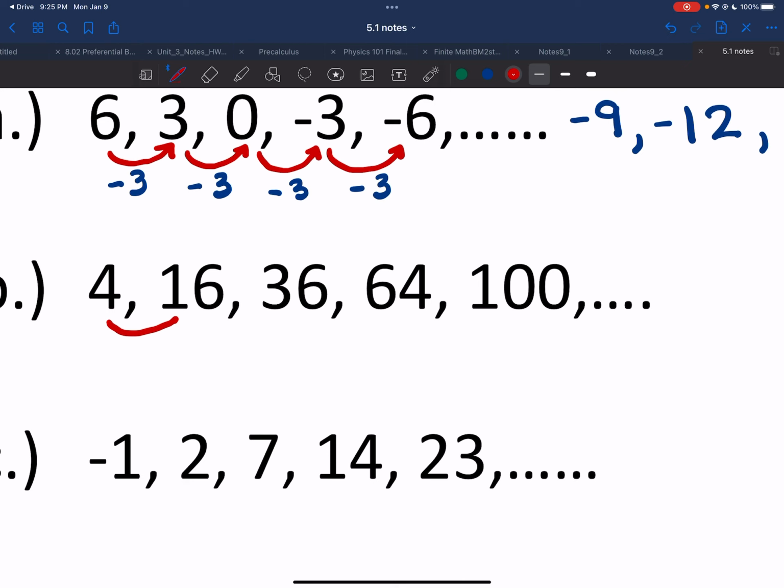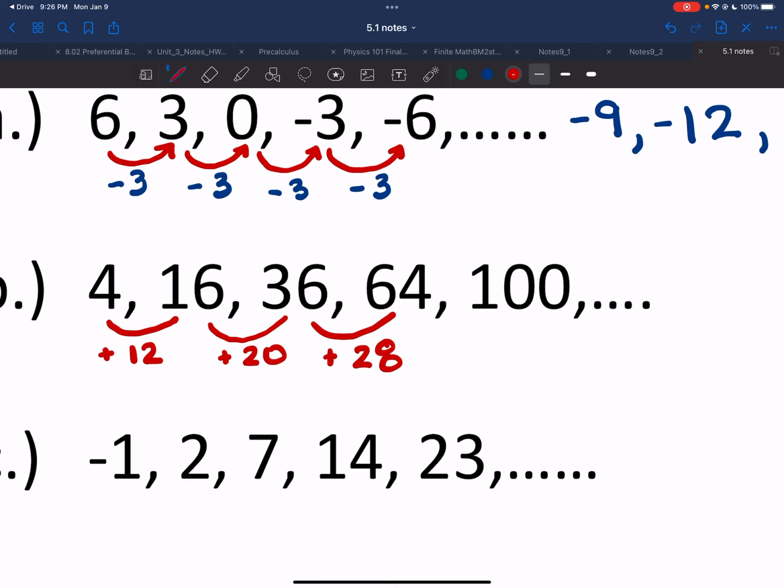So from 4 to 16, I have a difference of 12. Okay, so I added 12. To get from 16 to 36, I added 20. To get from 36 to 64, I added 28.